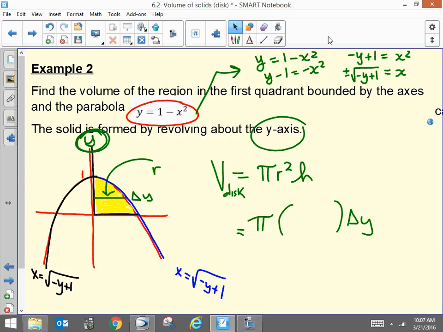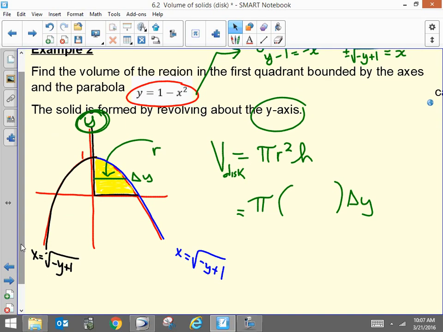Okay? Which one are we dealing with? Okay, plus. Okay, so from the blue to here is negative y plus 1. No, sorry. I said that right, but I didn't do it right. Negative y plus 1. What's the other end for y? 0. Okay, so we're going to put that in here.